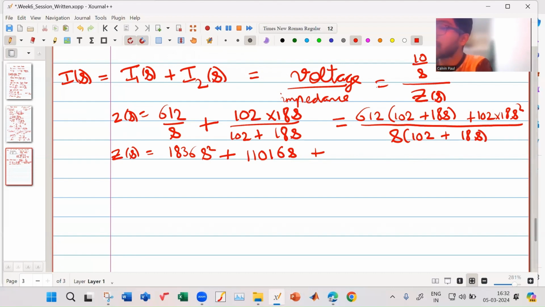So it comes out to be 62424, divided by S into 102 plus 18S.